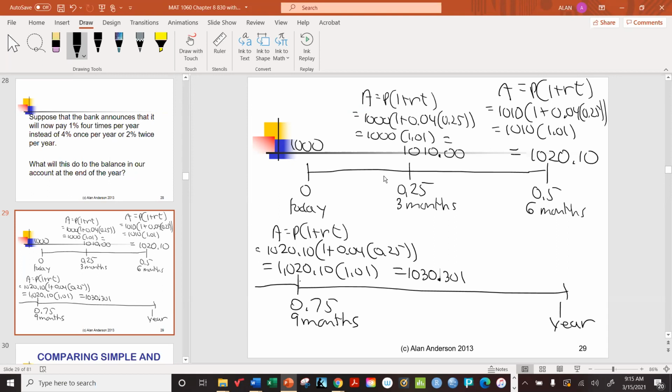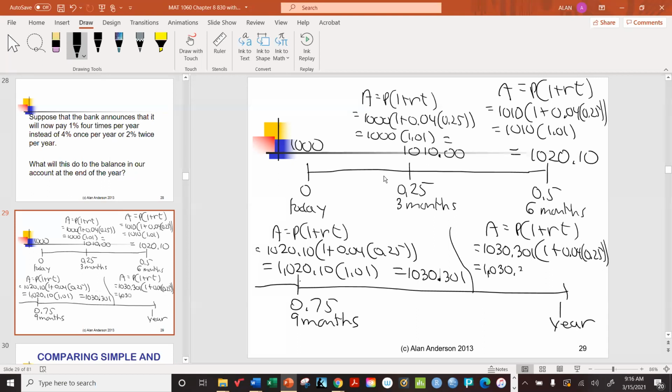All right, and then after 1 year, one plus 0.04 times 0.25. So again, we're basically just multiplying this by 1.01. So finally, when the dust settles, we have 1,040.604.